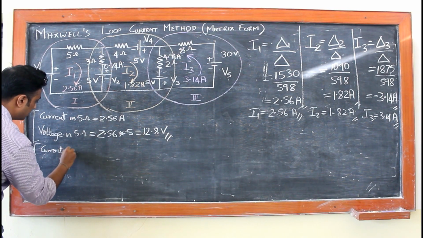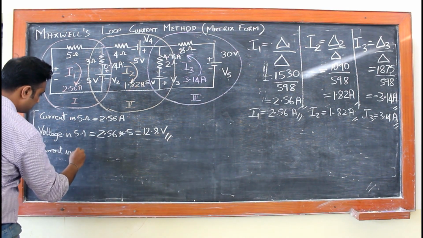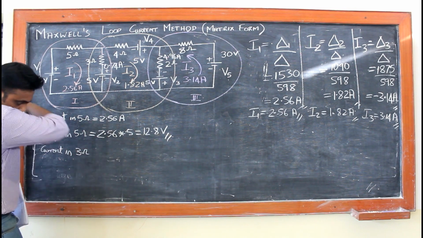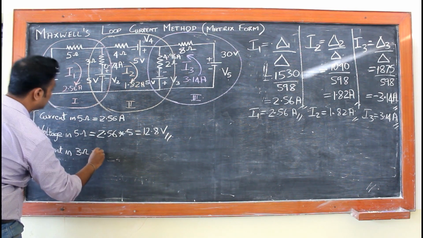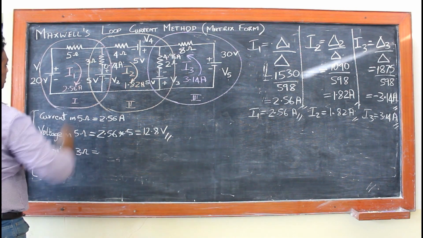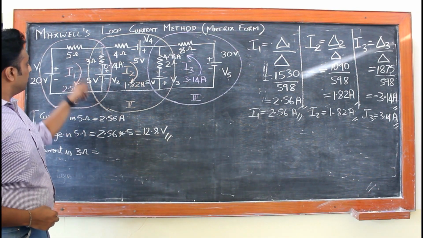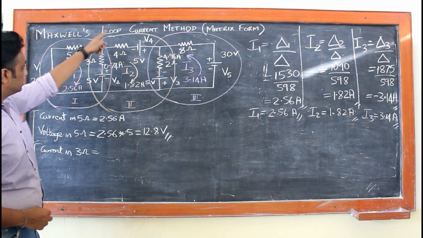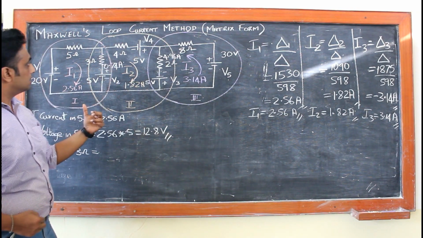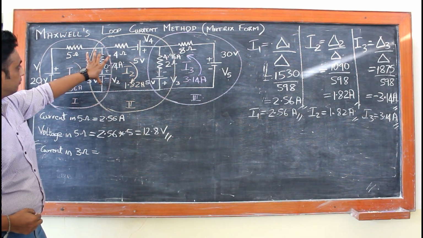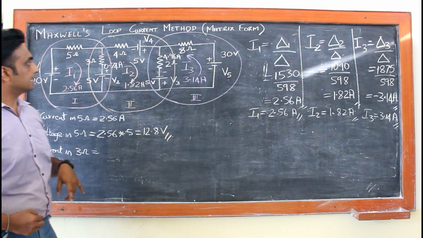Now in the same way how we found out for 5 ohms, we have to find out for 3 ohms. Now the current in the 3 ohms resistor. If you see your loops which are drawn, there are 2 junctions available. This is the first junction and this is the second junction.